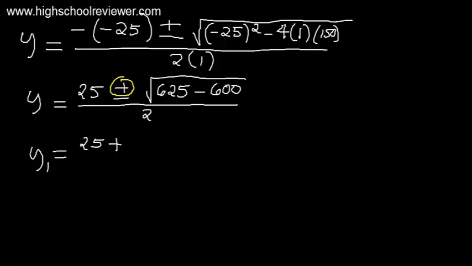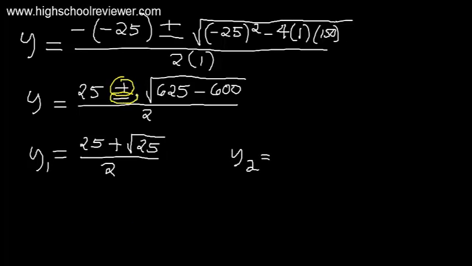So 625 minus 600, this will be the square root of 25 all over 2. And our y sub 2 will be equal to, so we are going to use here the negative sign.